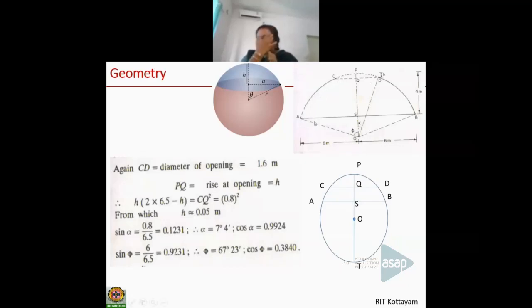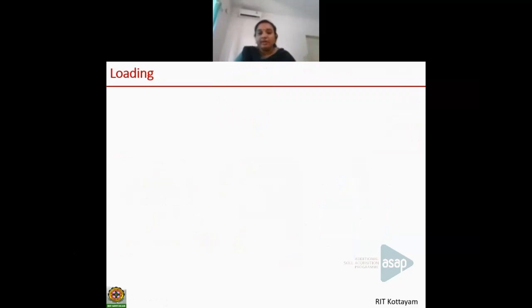So the theta value is changing from phi to alpha, or rather alpha to phi. That is why we need to find the angles alpha and phi. By applying the basic trigonometric equations, we can find the values of alpha and phi like this. Are you clear about the geometry?